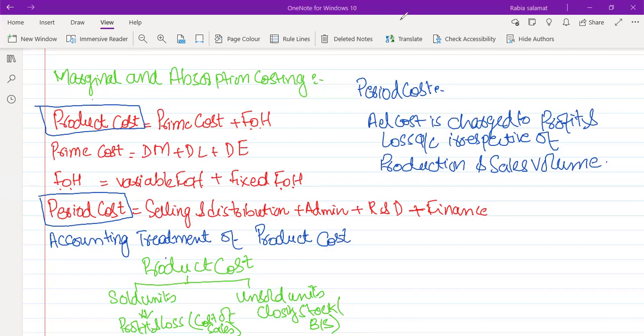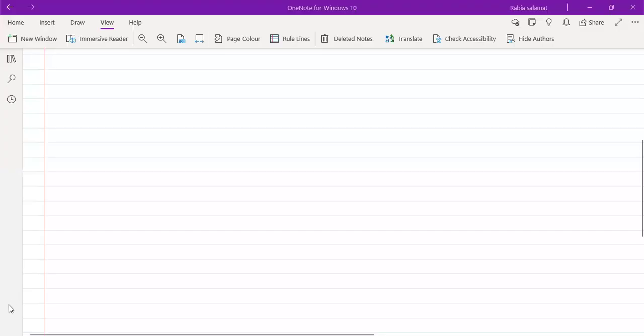Now we will come to our point. What is marginal and absorption costing? These are two profit techniques having different viewpoints. Marginal costing versus absorption costing.